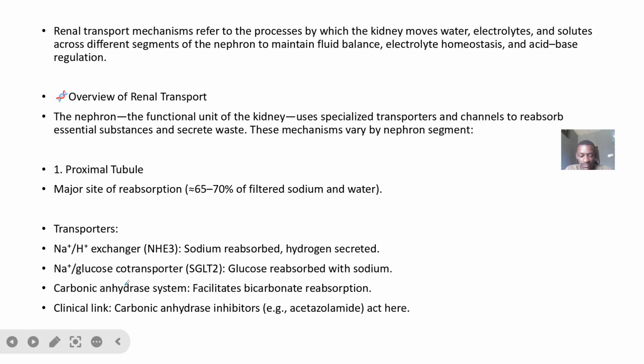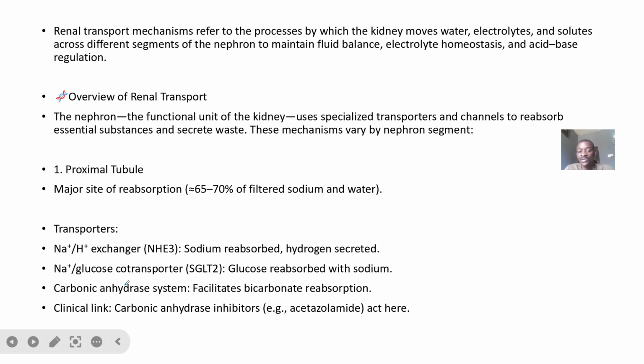So what's the proximal tubule? It is a major reabsorption site. It reabsorbs about 65 to 70% of everything that is filtered. Transporters here include the sodium hydrogen exchanger and the sodium glucose co-transporter, where glucose is reabsorbed with sodium.